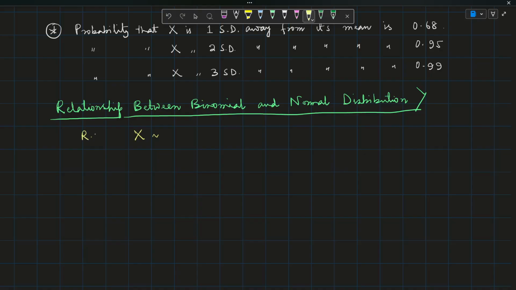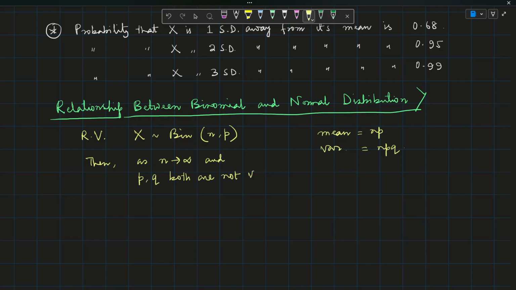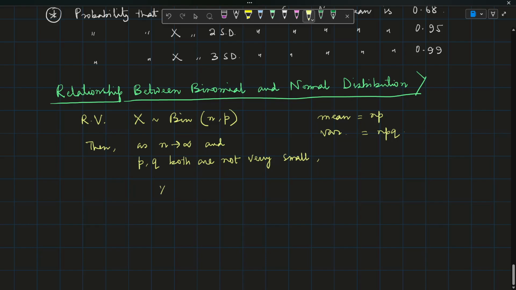If x is a random variable following a binomial distribution with parameters n and p, so the mean of x is np and the variance of x is npq, then as n tends to infinity, and p and q are both not very close to 0, if we define (x minus np) by root over npq as z, then z will follow a standard normal distribution.